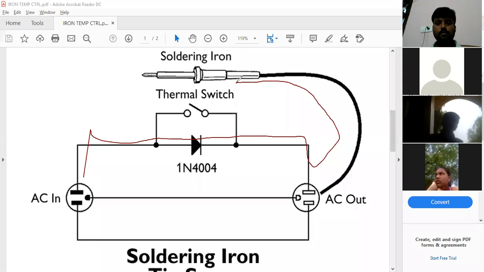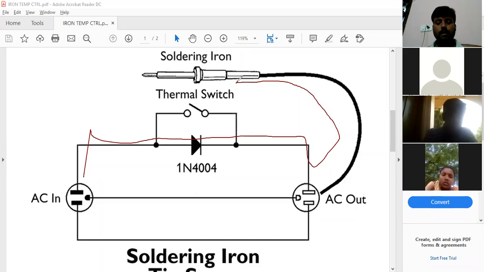With this, the soldering iron gets half the power supply, so it is still heated. The bit maintains its heat but is not overheated. That is the advantage of this soldering iron heat protection circuit using the diode.